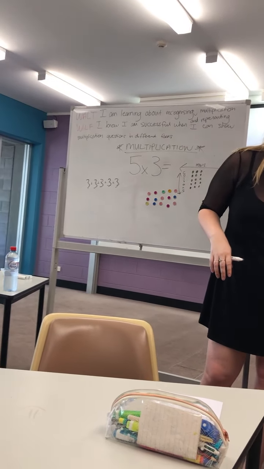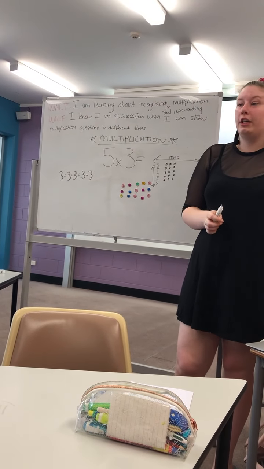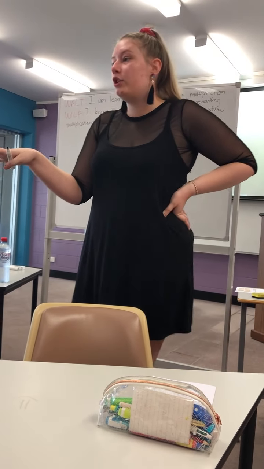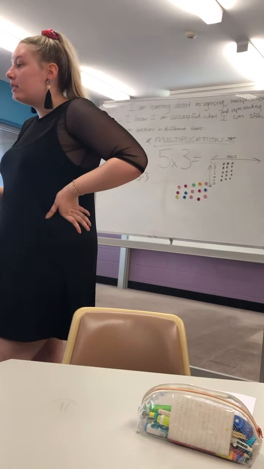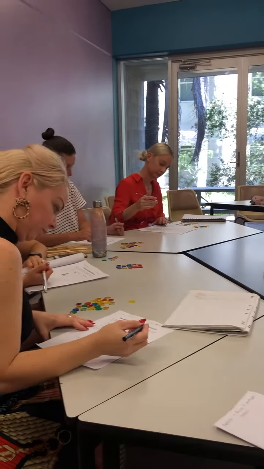Lovely. Okay, everyone, now you have a worksheet in front of you. So I'm going to give you about 2 minutes to do your worksheet. And there's a fast finisher activity on the back. If you finish quickly, you can use your counters to help you visualize your problem if you get stuck.